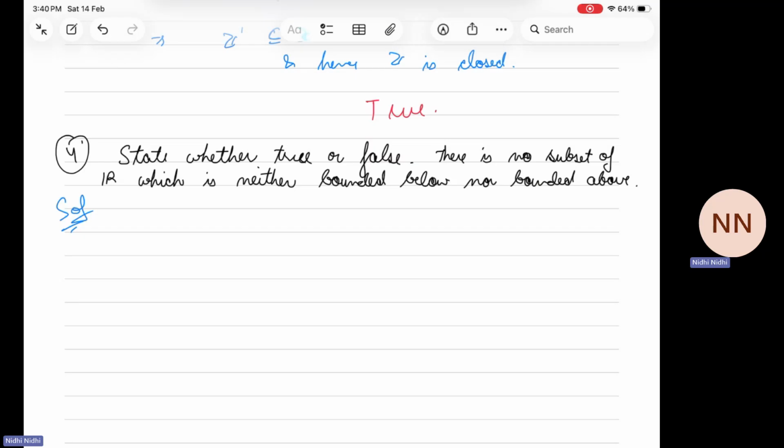So the statement says that there exists no such subset of R which is neither bounded below nor bounded above.